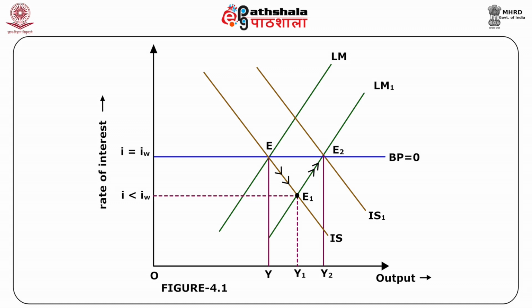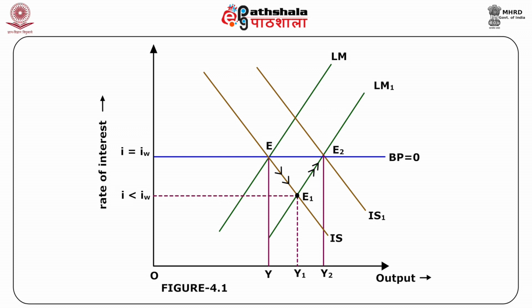As discussed in the last module, this will lead to a shift in LM curve towards right, and the economy will be at E1. As you can see here, the domestic rate of interest is below the world rate of interest, that is I is less than IW. This will lead to capital outflow and depreciation of the domestic currency.